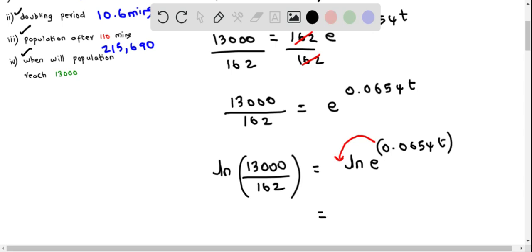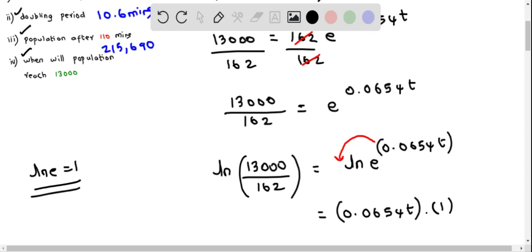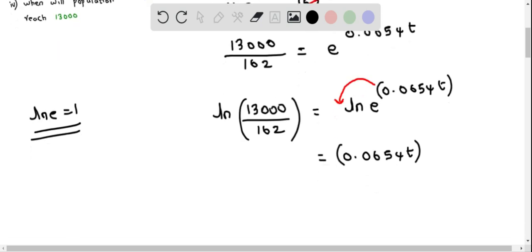So this becomes 0.0654 t times natural logarithm of e. We know that natural logarithm of e equals 1. So when we multiply this with the natural logarithm of e, which is 1, we have the same number, that is 0.0654 times t. And so we can now solve for this t.